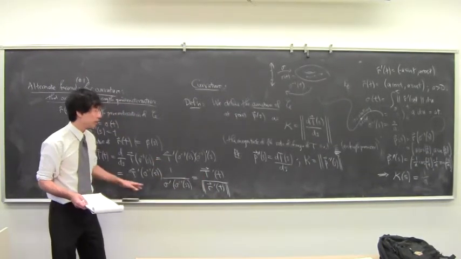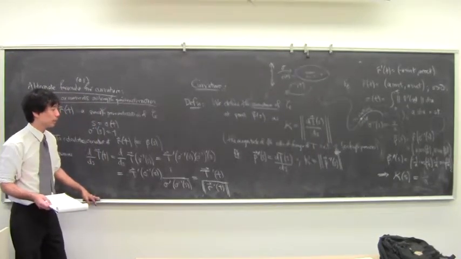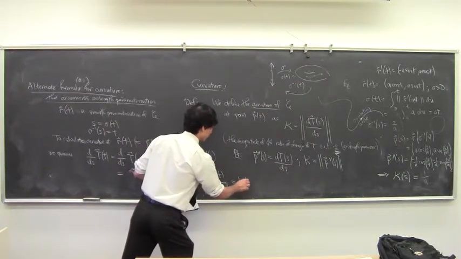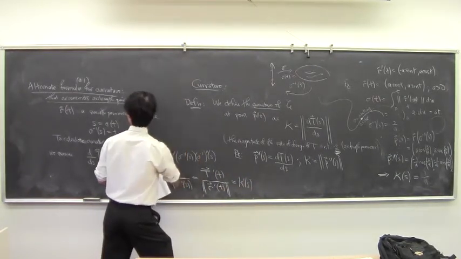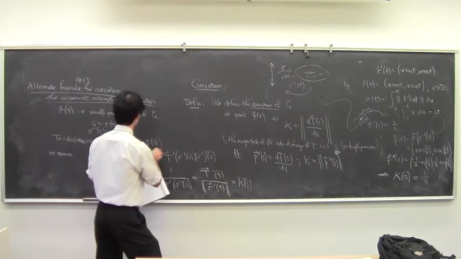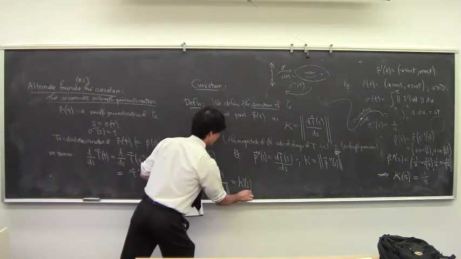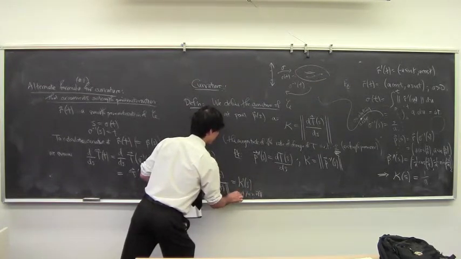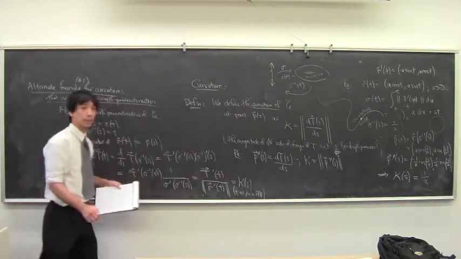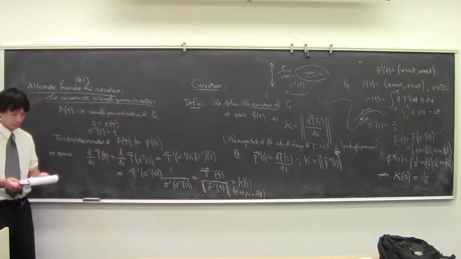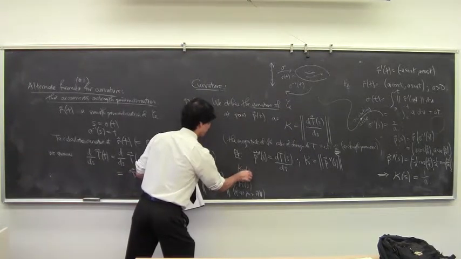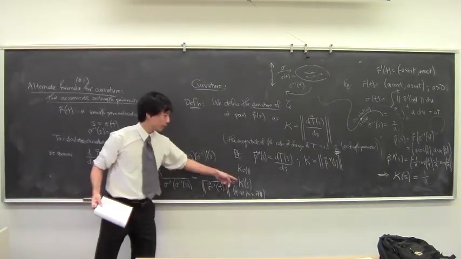Okay, and that will give you the curvature at time s, which is to say at position r of t. I think the book denotes this as kappa r of t, so that you don't confuse it with kappa of s.